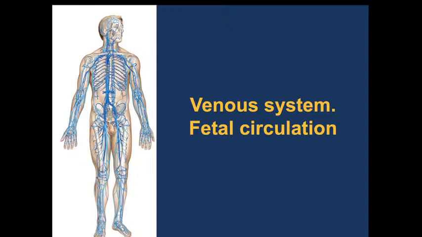As you probably know, veins are regarded as the capacity vessels of the cardiovascular system. That is a large part of the cardiovascular system, because veins are relatively thin-walled and flaccid vessels.